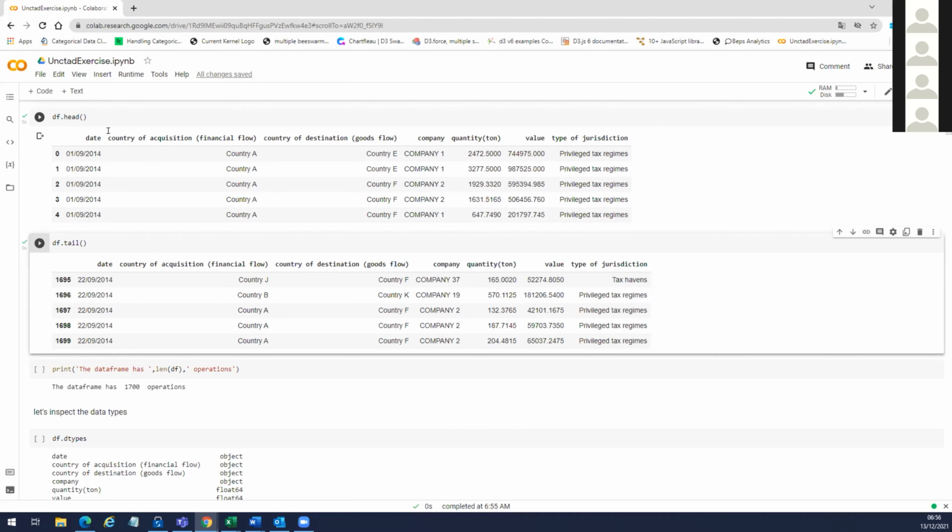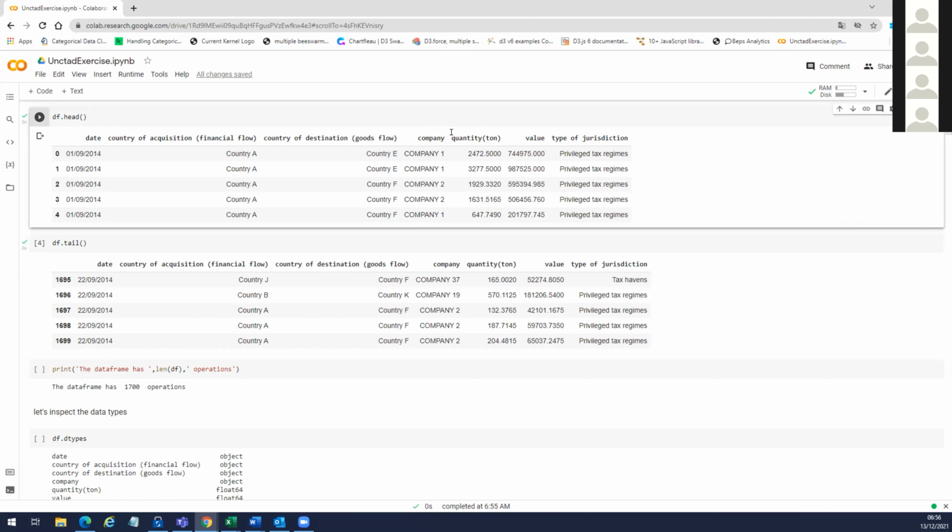In the first column, we have the transaction date, 22 days. You have two metrics here: quantity, in tons, and value. This is a commodity file used in Brazil and was masked because of file secrecy. In the last column we mark the type of jurisdiction: tax haven, privileged tax region, or other jurisdiction.